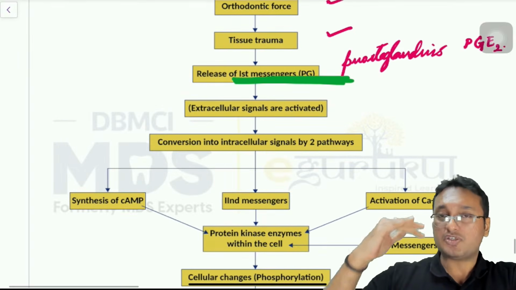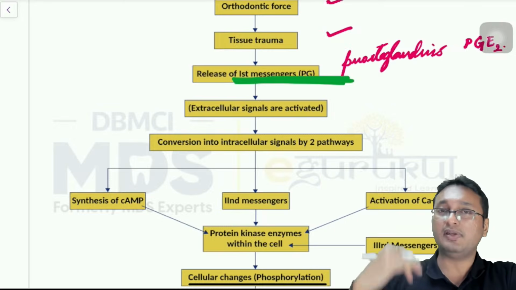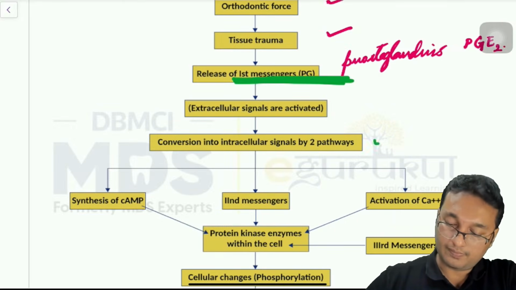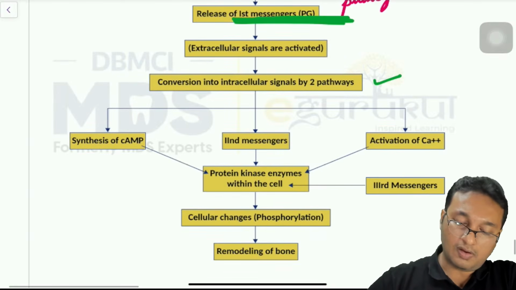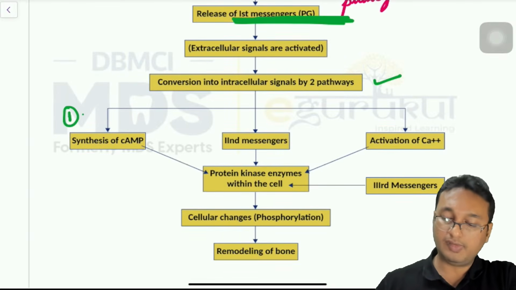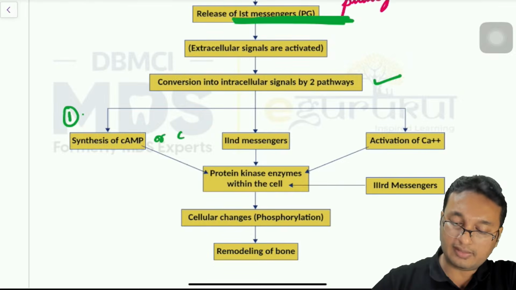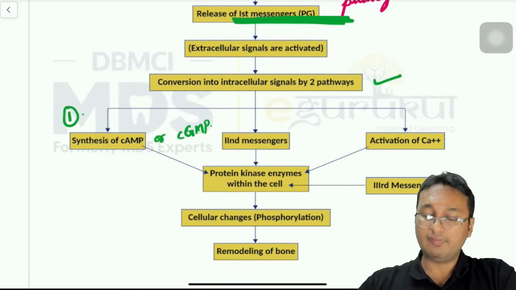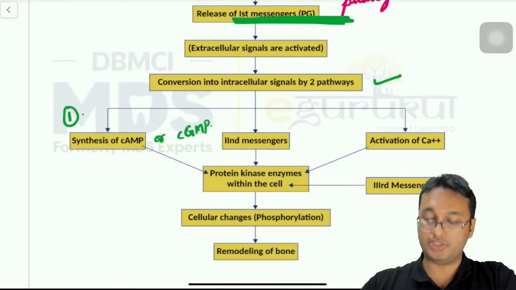Now that information from outside the cell has to be transmitted to inside of the cell. This happens by two pathways. Synthesis of cyclic adenosine monophosphate or cyclic guanosine monophosphate, either of that. Then liberation of secondary messengers and activation of calcium.